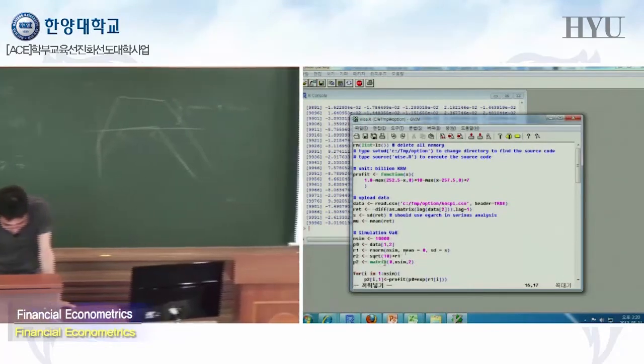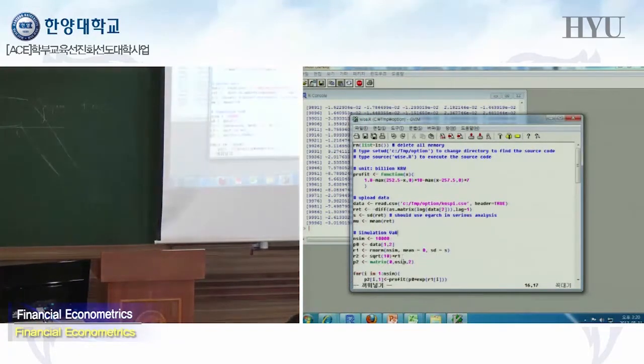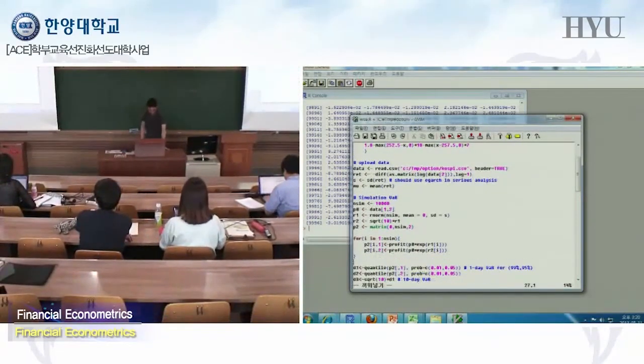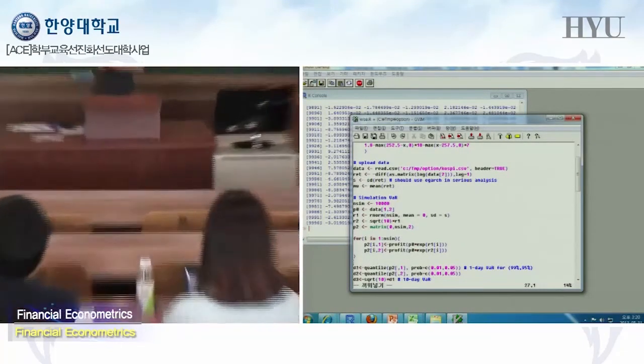And P2. So P2 is a matrix 0 and M2. Why did I define this one? It is for convenience. I think there are smarter ways. I know how to do that, but I think it's for educational purposes.